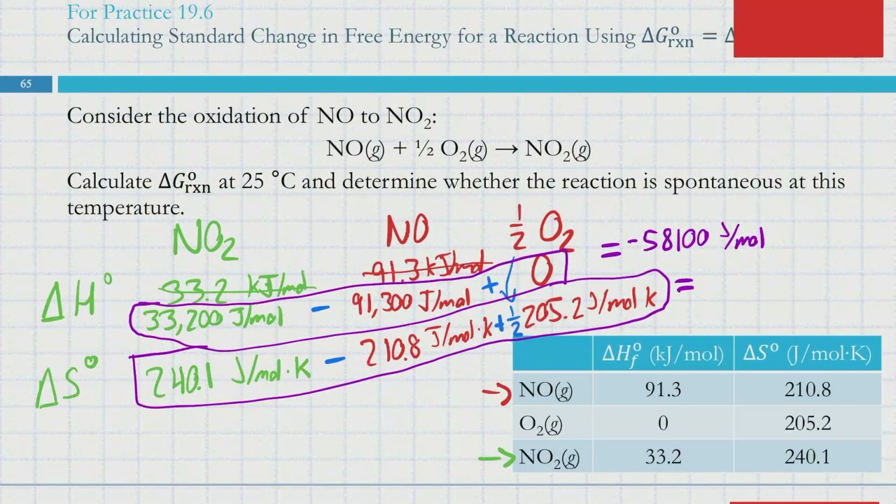And for our standard change in entropy, it's also negative at 73.3 joules per mole Kelvin. What can we do with those numbers?